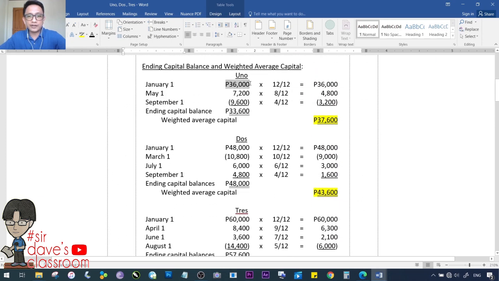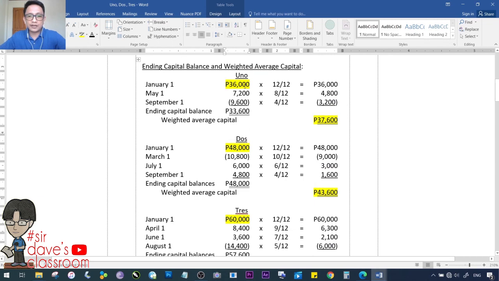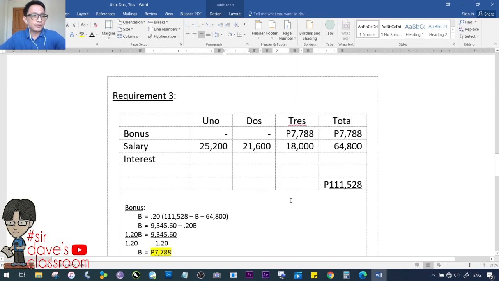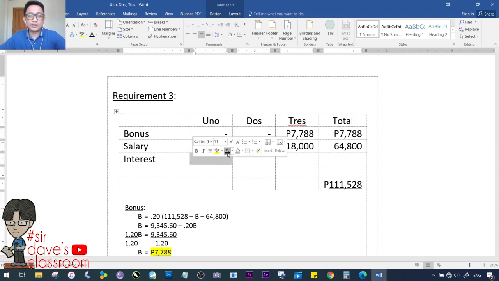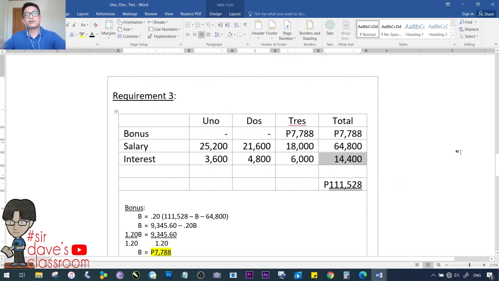You have here 36,000, 48,000 and 60,000. Let's just remember 36, 48, 60. We simply multiply those by 10% interest. Uno's is 3,600 of course. Dos must be 4,800, and Tres, 6,000, for a total of 14,400.